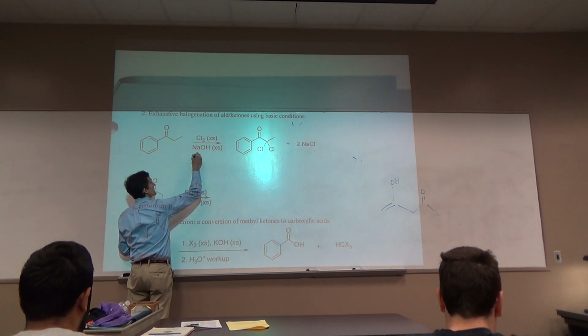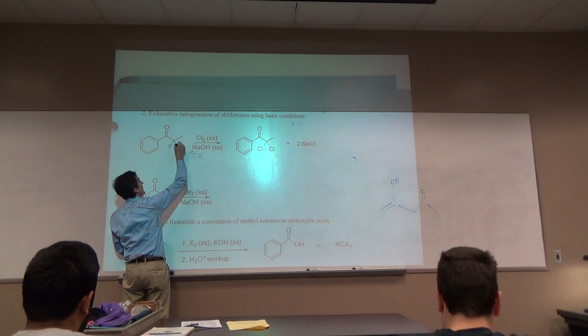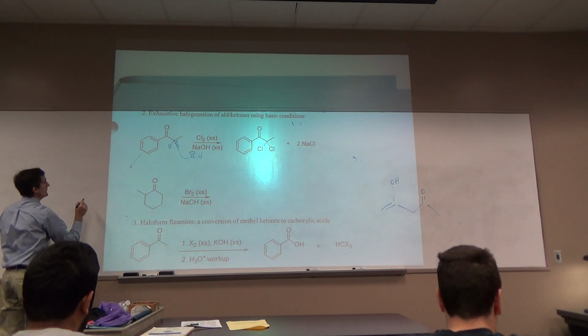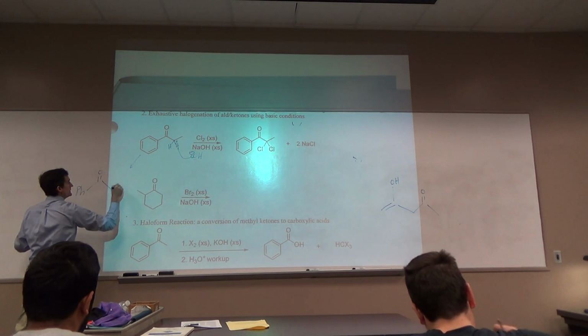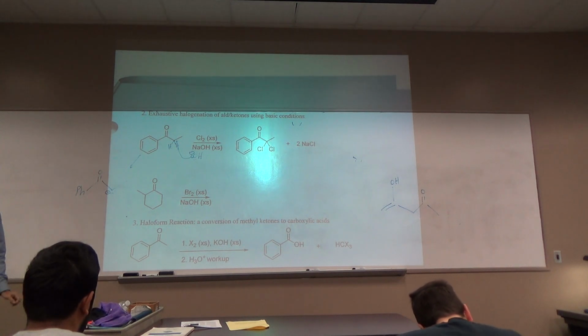We have hydroxide. This reaction begins with hydroxide taking here, and we get the alpha anion, which on the first page we said we could make because this H has some acidity, pK of about 20.